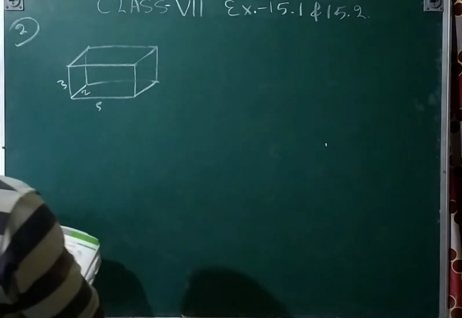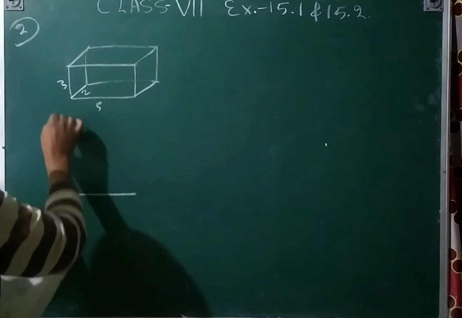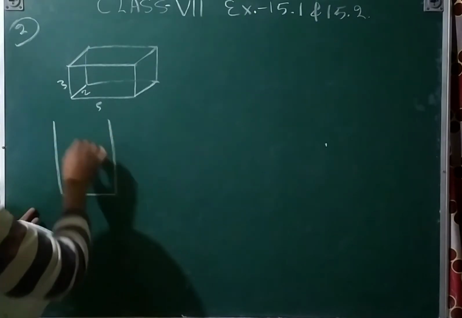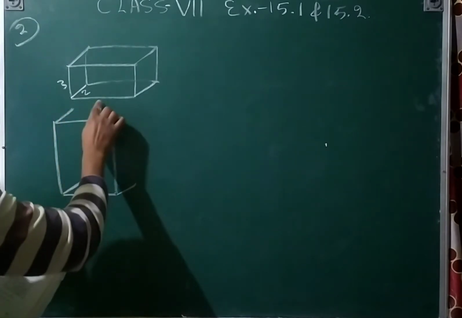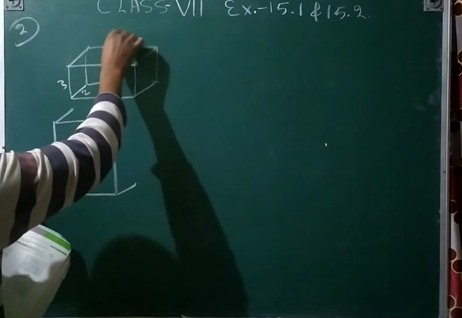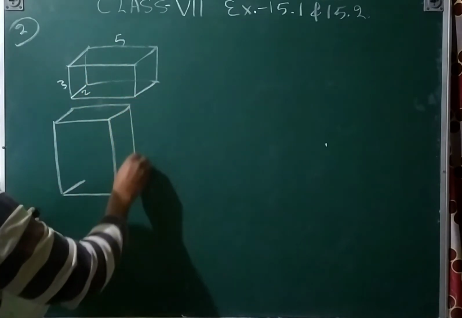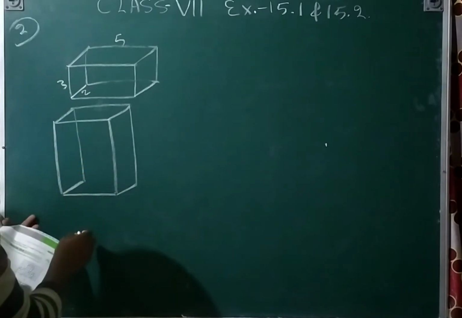In a different way, first of all draw 3 centimeter, then 5 centimeter, 5 centimeter, and then 2 centimeter, 2 centimeter, 2 centimeter. We can write here, and then 2 centimeter. This must be 3, this will be 3, this will be 5, 5. Okay.